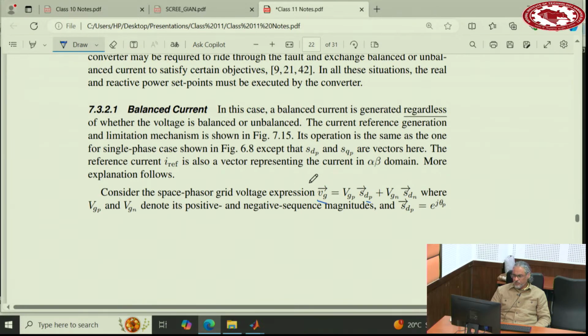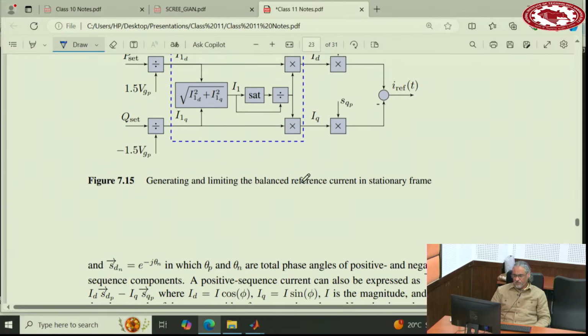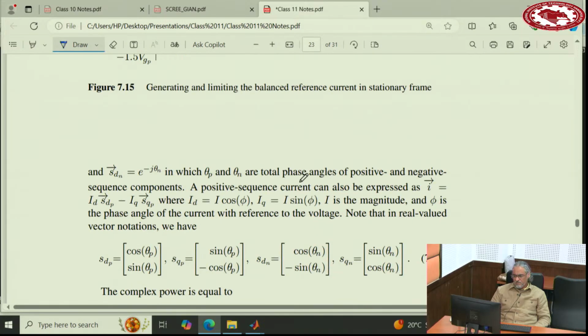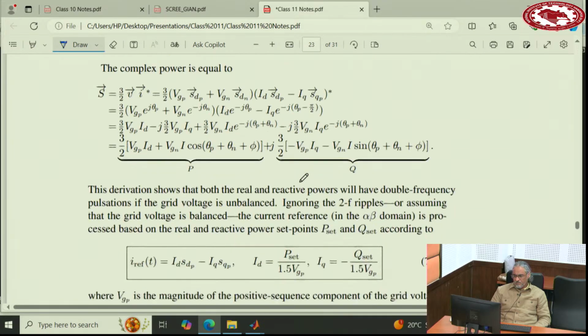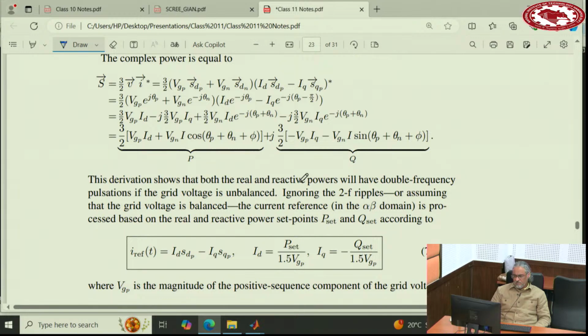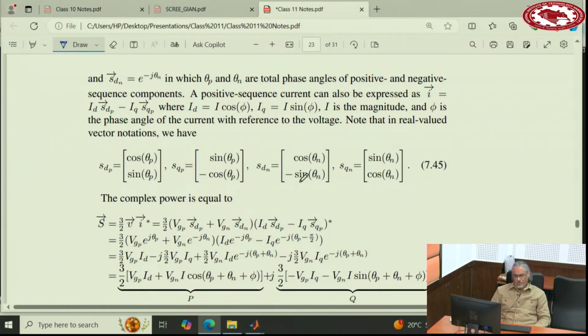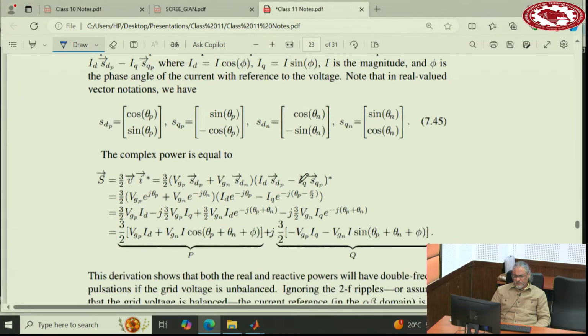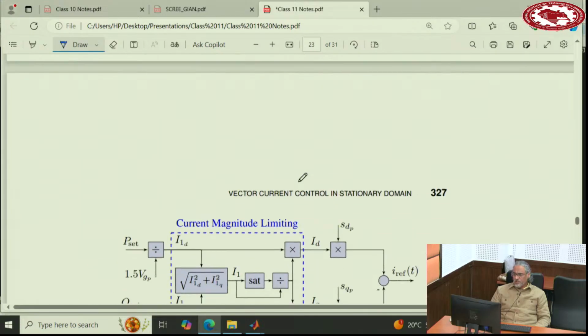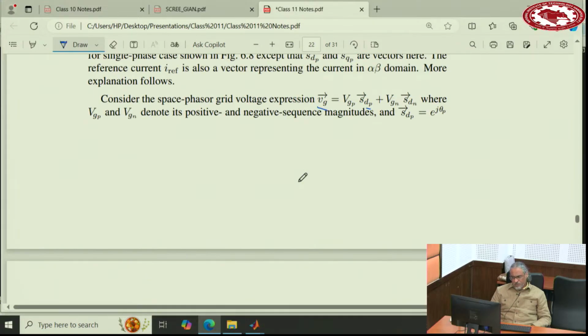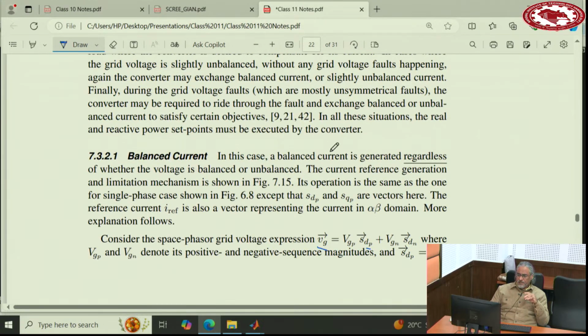I think it has both of them here for some reason. It starts with a general expression, so I derived the expressions again one more time. It's not necessary. Oh, the voltage, okay. The voltage I consider is the grid voltage. When I say balanced here, I mean balanced current, to be specific.